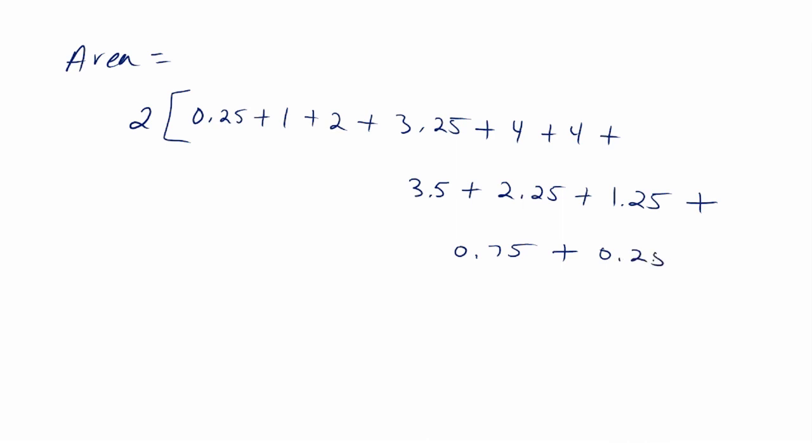So performing that arithmetic, adding those up and then multiplying by 2, we get an area of 45. So there was the answer to the first part. Find the total area under the curve from 2 to 24.